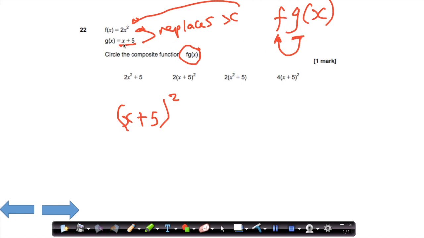So we have g of x, which is x plus 5, and that's going to replace our x in the f equation because it's f of g of x. So therefore, it's going to be 2, open brackets, x plus 5 all squared, which you can see is going to be this one. And that's the mark.